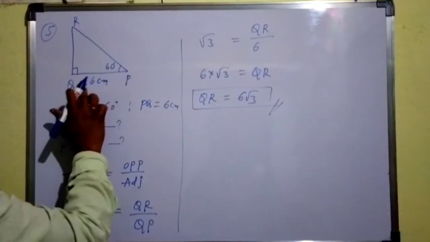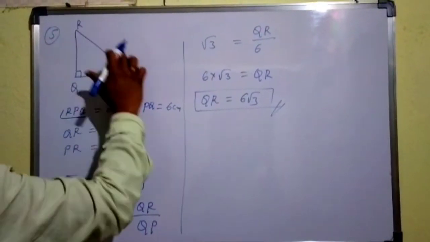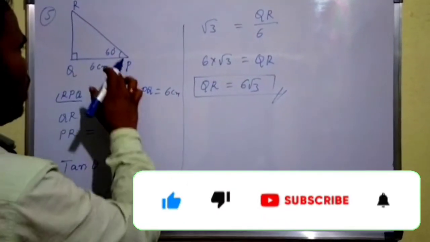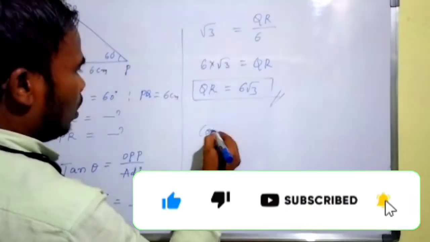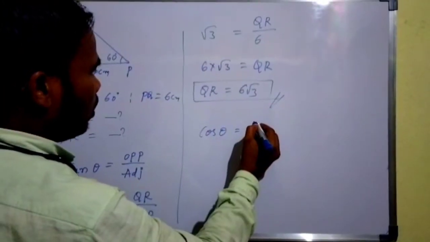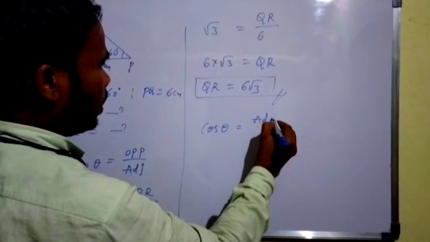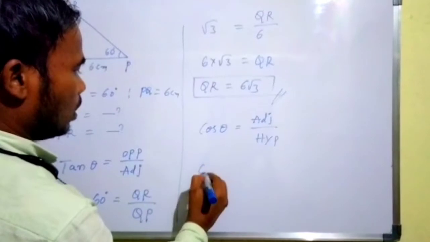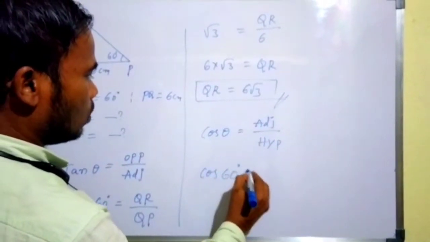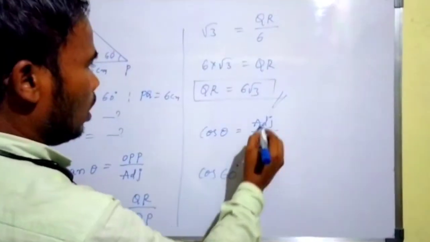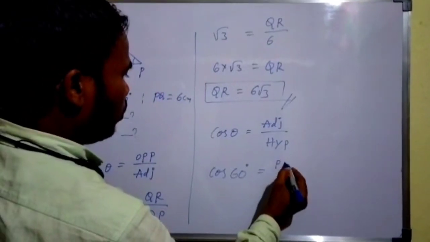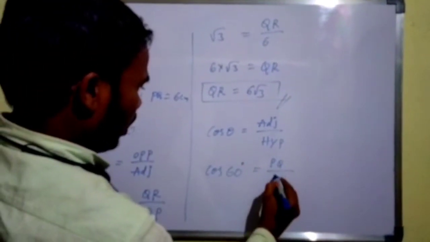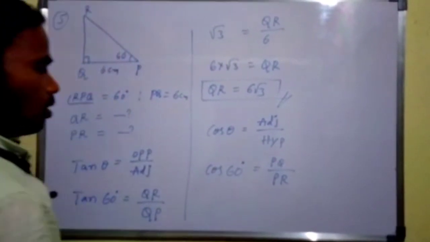Now the PR length. For PR length, the relation between PQ and PR is cos theta. Cos theta is equal to adjacent side by hypotenuse. So cos 60, where theta is 60, is adjacent side PQ by hypotenuse PR.